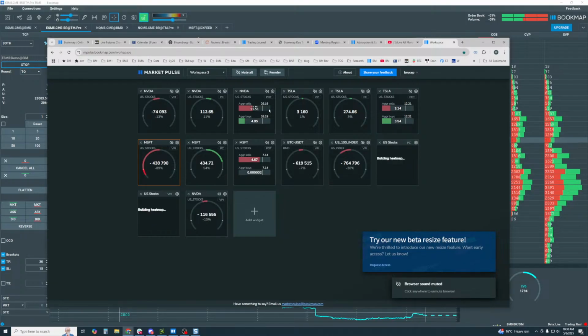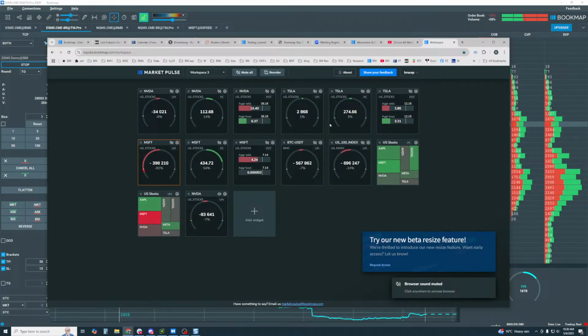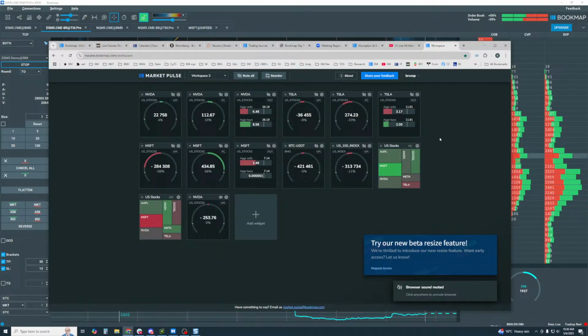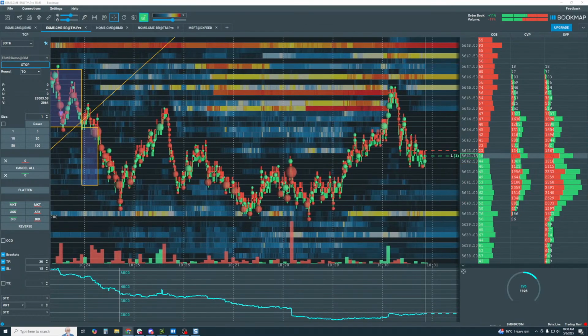Here's NVIDIA, this is all real time, and Tesla. I have the US stocks here, the MAG 7. This is for price change and this is for volume pressure. See VPI, volume pressure imbalance, and then price change here.